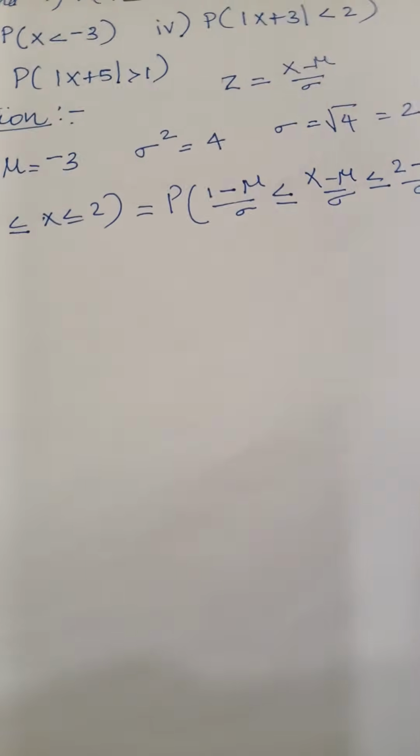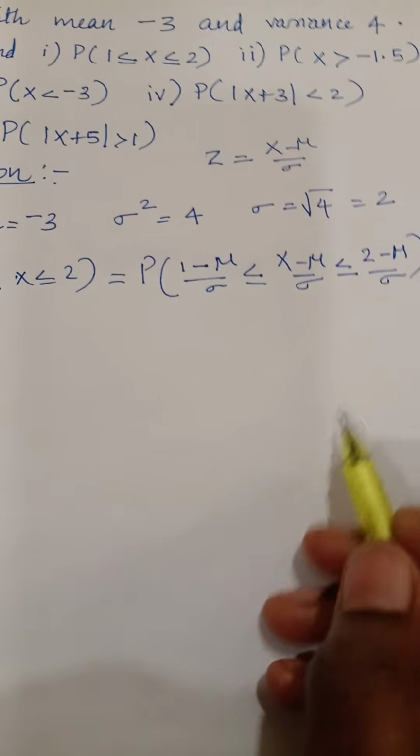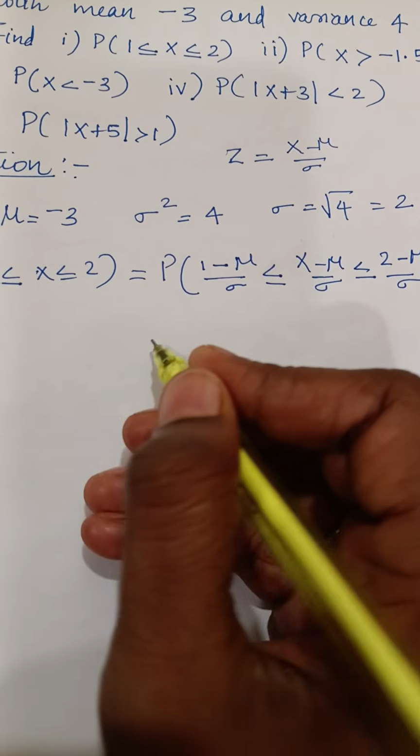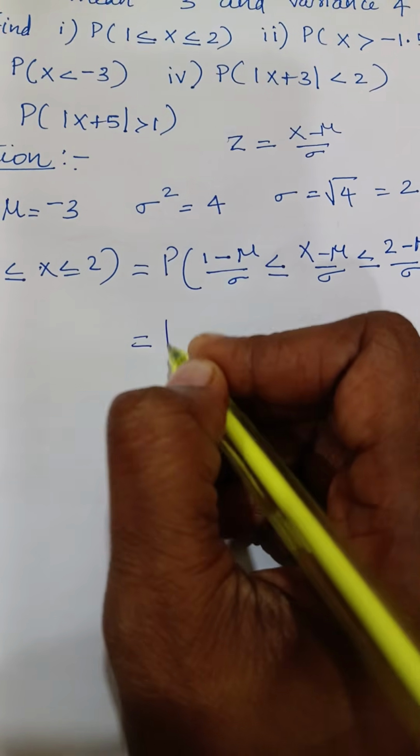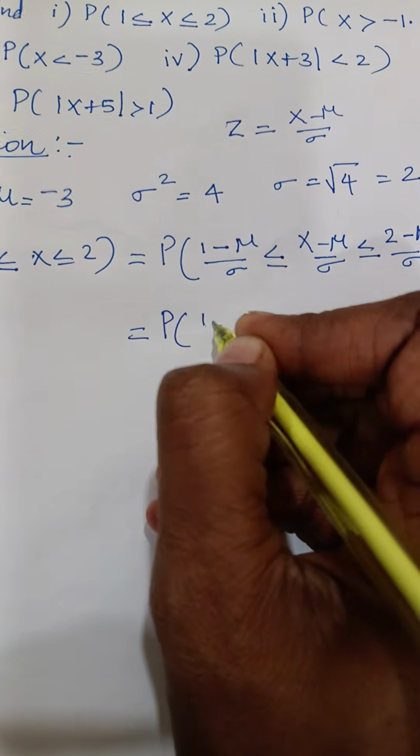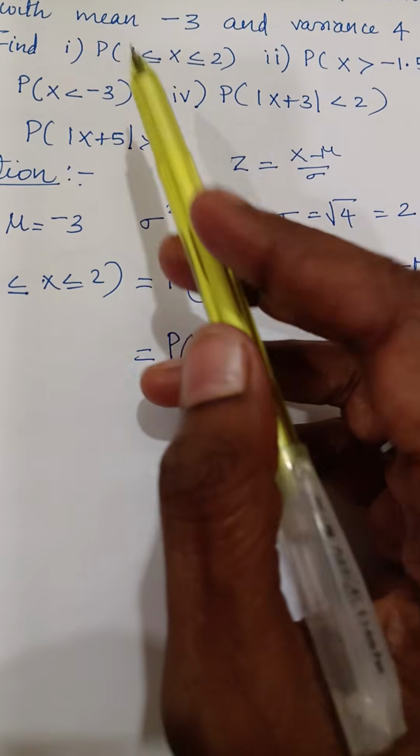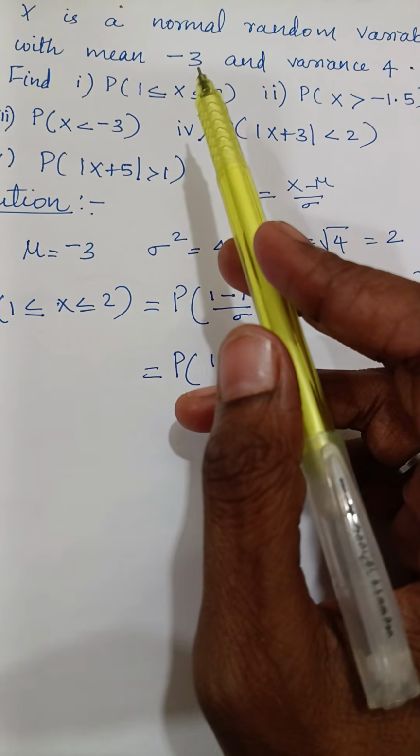Now let us substitute the numerical values of mu and sigma here. So this will become probability of 1 minus mu. What is mu? Mu is minus 3.